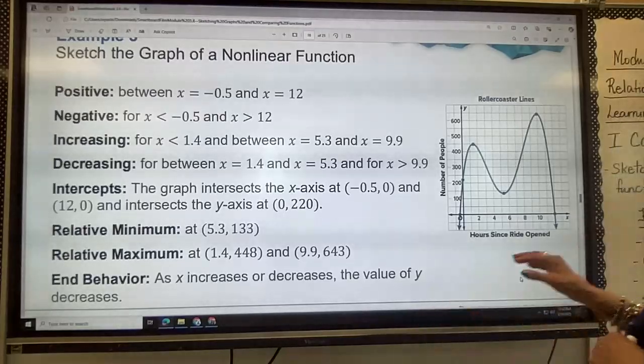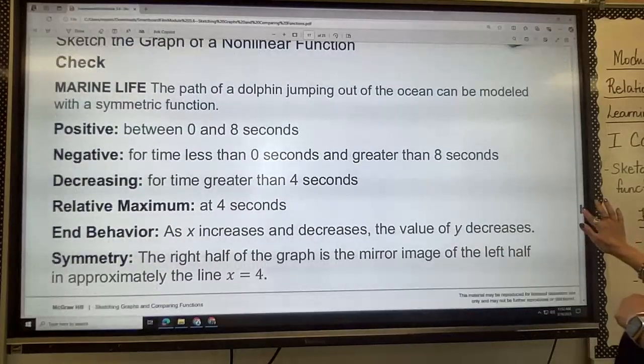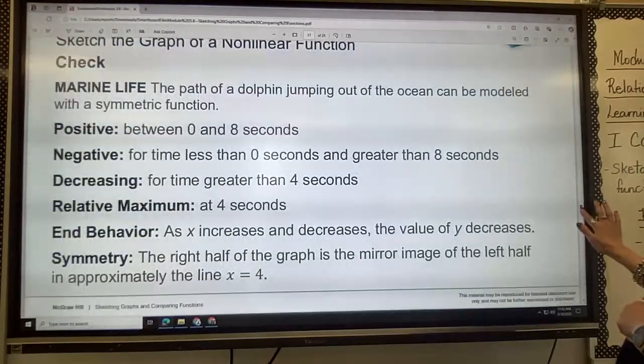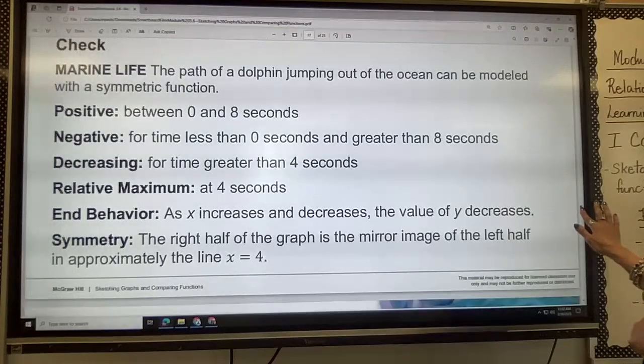Let's look at one with marine life. Okay, so it's giving me all these key features, and I am going to say these key features while I'm looking at the graph so it makes sense.